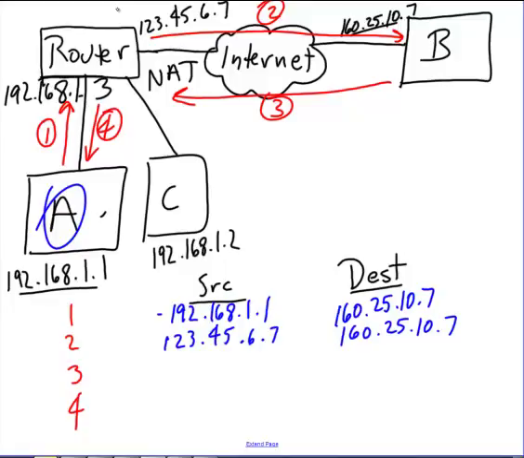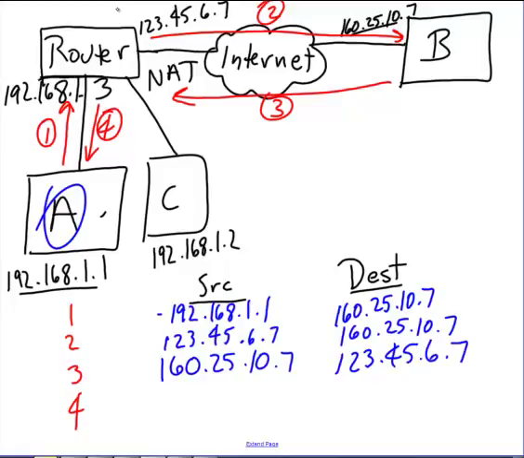Okay? Now, B is going to make a response on leg 3 of the journey. For its response, it's simply going to swap the destination and source. So it's going to set itself as the source, and it's going to set the router's IP as the destination.